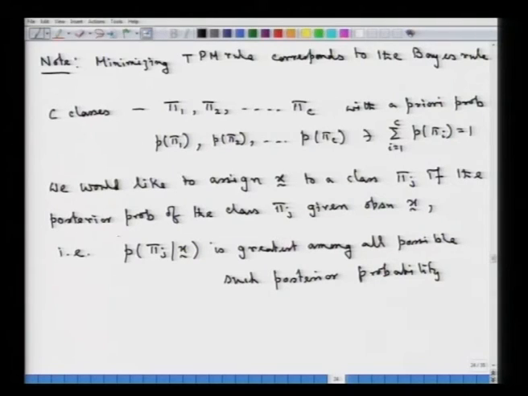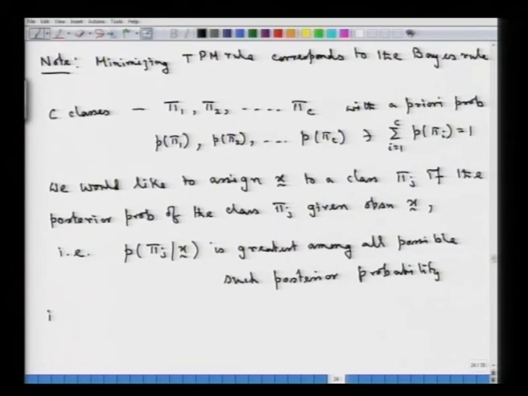If the posterior probability of a class pi j given this observation x is the maximum among all the other posterior probabilities for the remaining C minus 1 classes, then that observation under the Bayes rule is assigned to pi j.